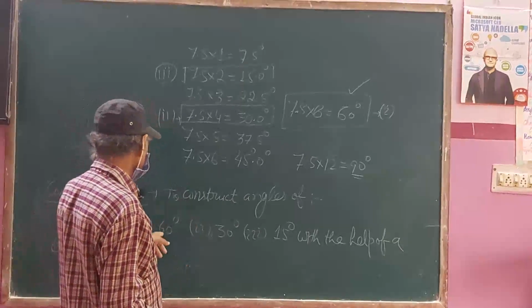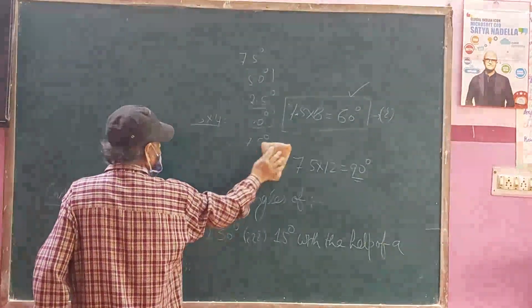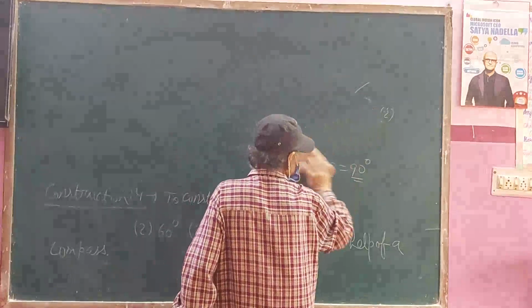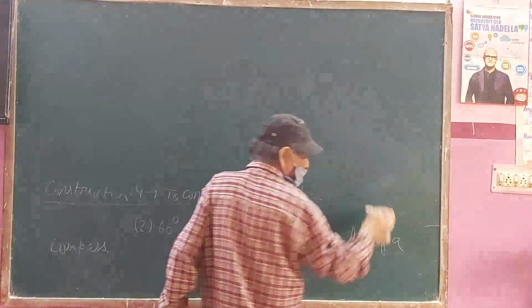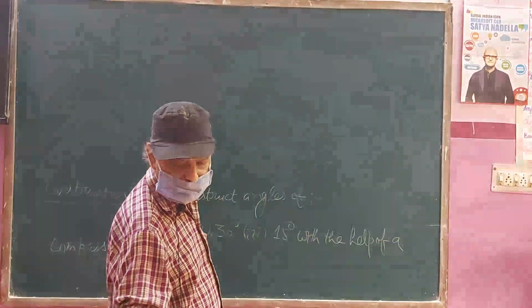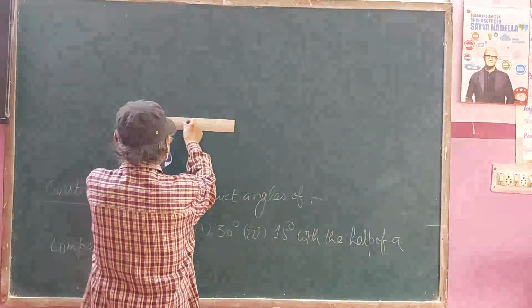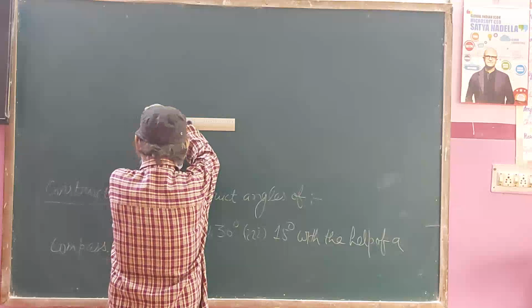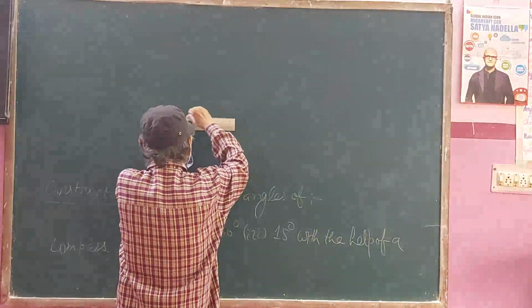So it is very easy to make 60 degree. There is a definite rule about that. You draw a line, name it as BC. You can say it may be a ray also, the arm of the angle.